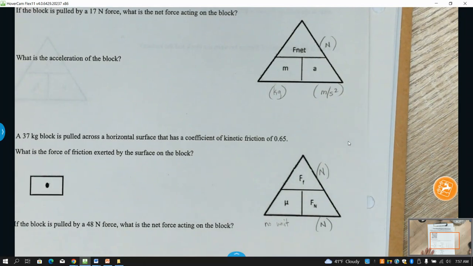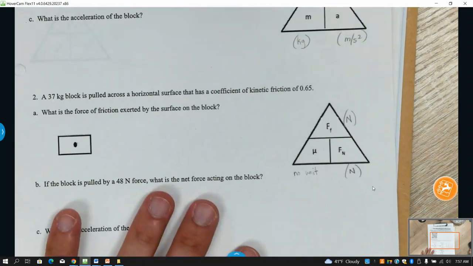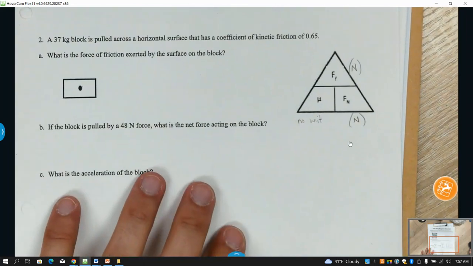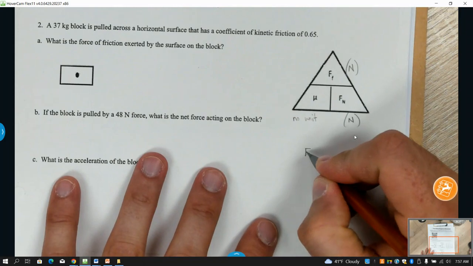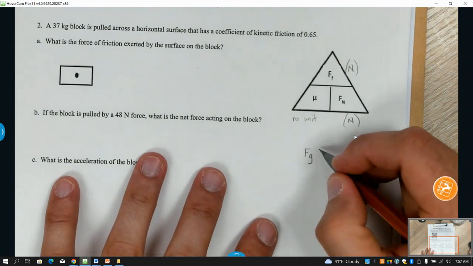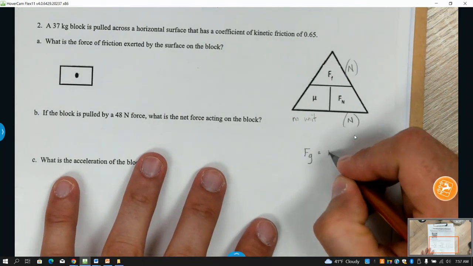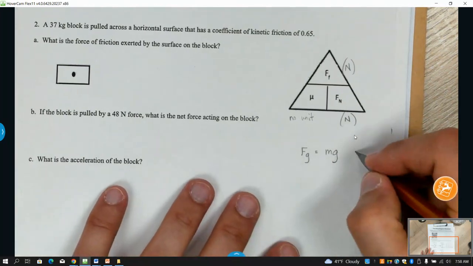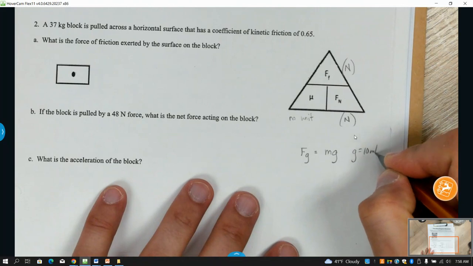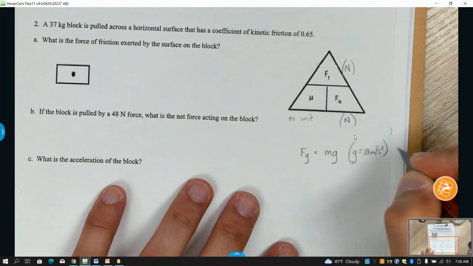And then do we remember what the equation is for mass and weight? Okay, so Fg is your weight. Force of gravity acting on an object is an object's mass times gravity. We're going to use g is equal to 10 meters per second squared.